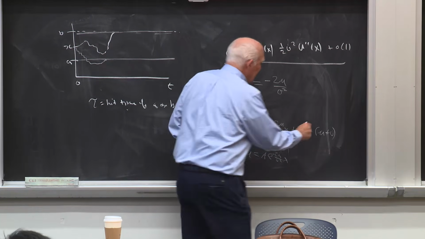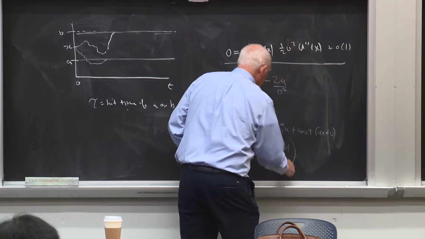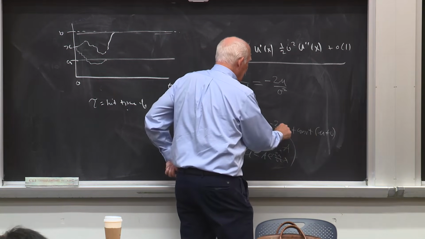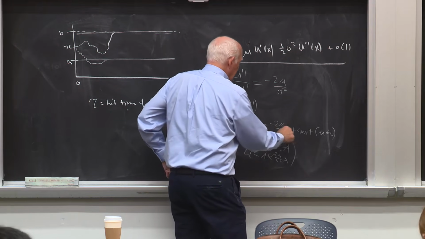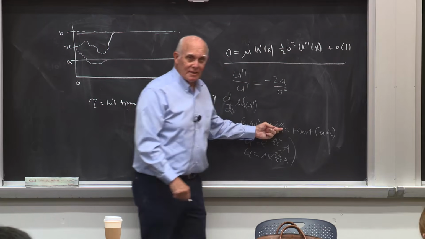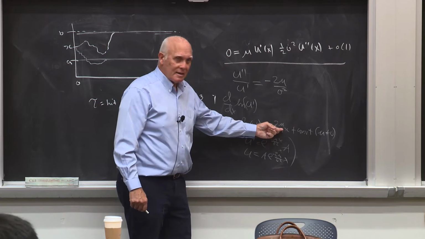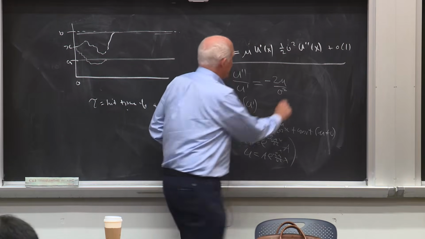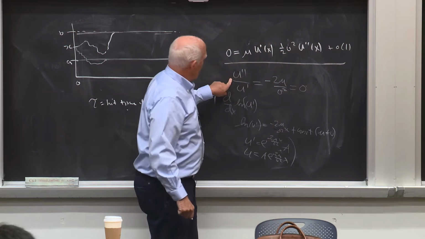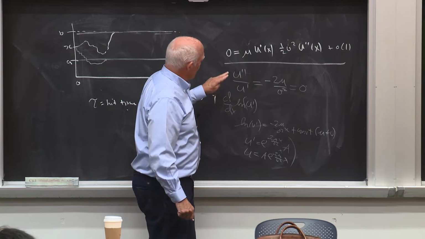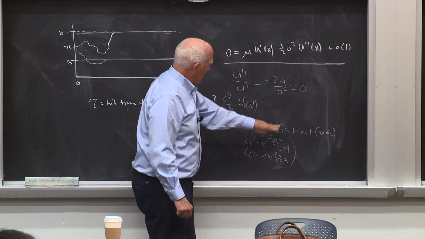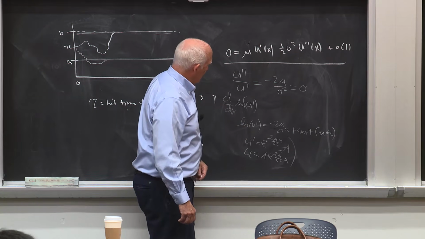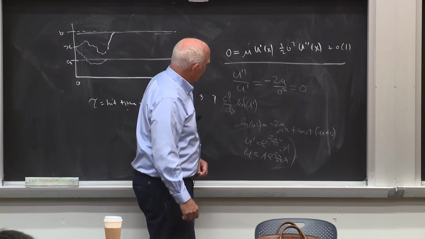And if mu is equal to 0, then we have the derivative of the log of u prime is equal to 0. So we end up getting, let's see, basically a linear function for the solution.